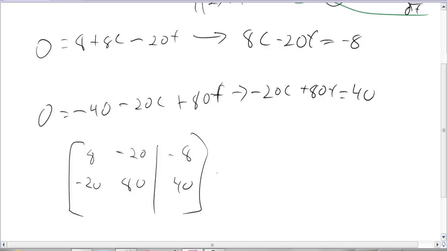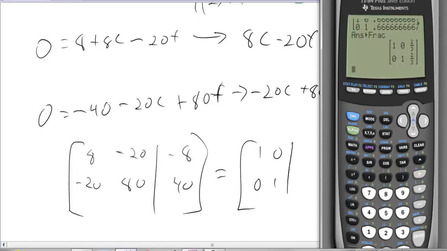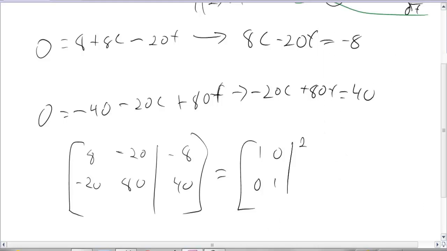We end up getting the form 1001, and the answer is 2/3, 2/3. Remember, this column was C and this column was F. So C equals 2/3, F equals 2/3.